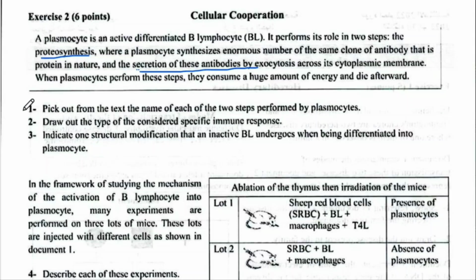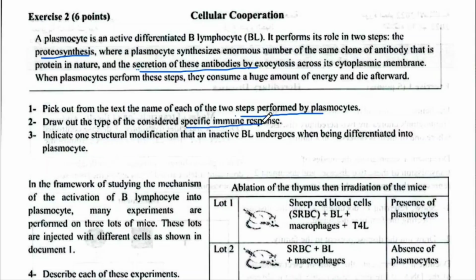For question 1, pick out from the text the name of each of these two steps performed by the plasmacyte. So the two steps are proteosynthesis and secretion of this antibody by exocytosis. Draw out the type of the considered specific immune response.